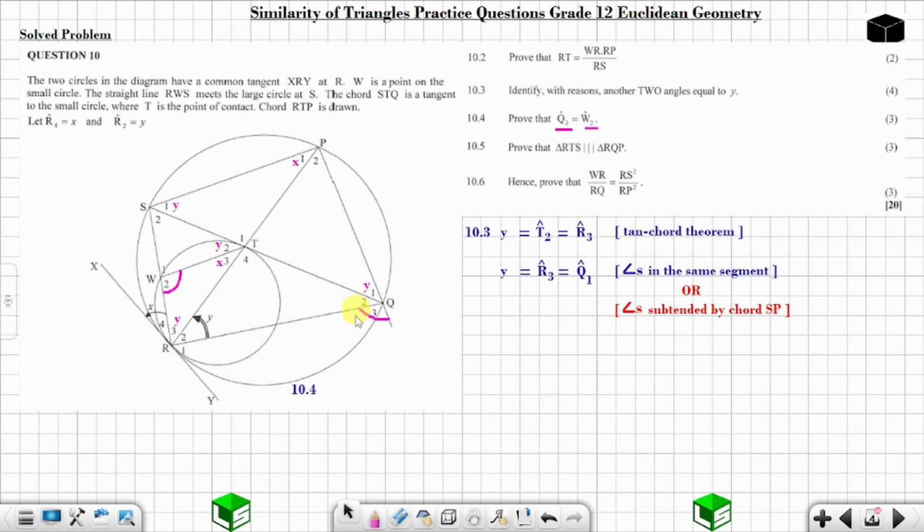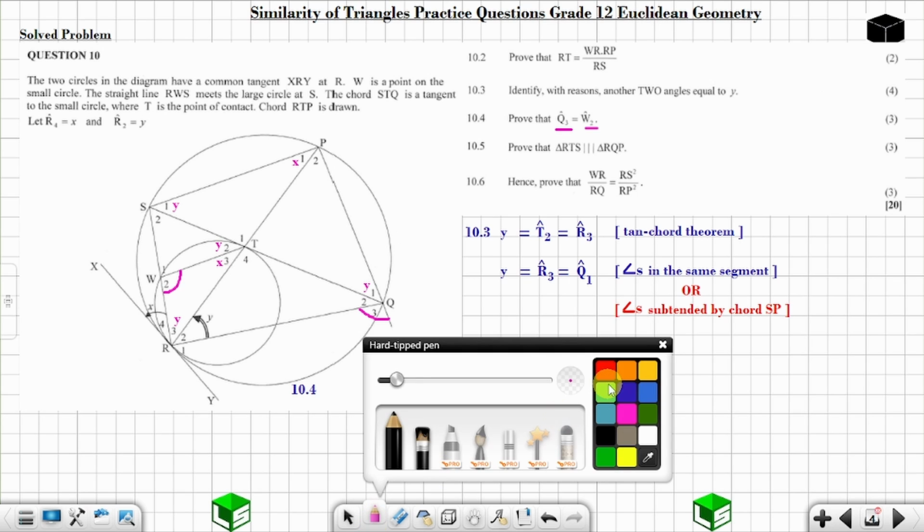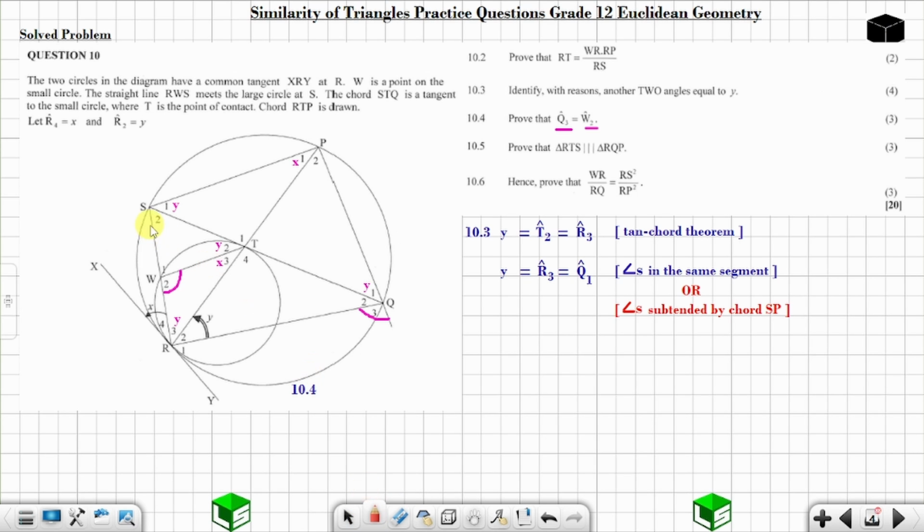So you can see the angle Q3 is equal to this angle, okay. This is an exterior angle of a cyclic quad, okay. This is a cyclic quad. So the angle Q3 is equal to the angle PSR, this angle. The reason is exterior angle of a cyclic quad.